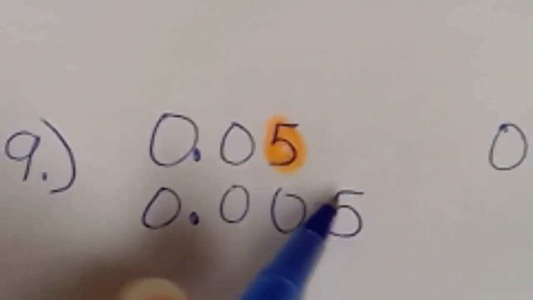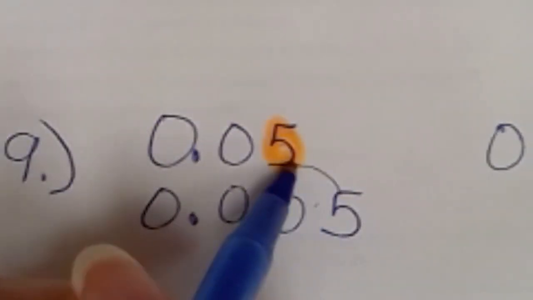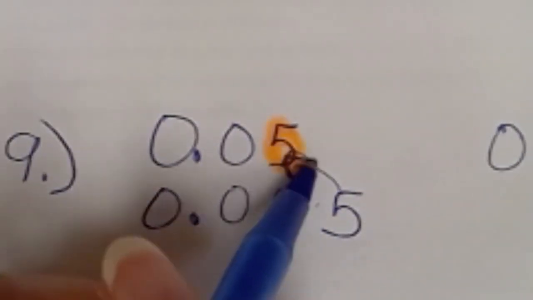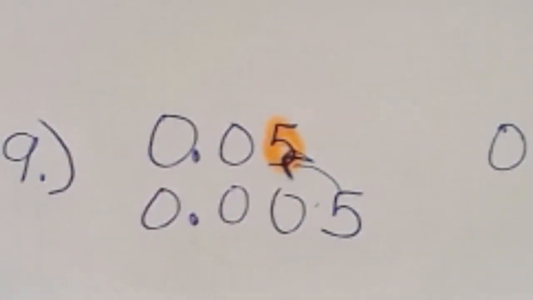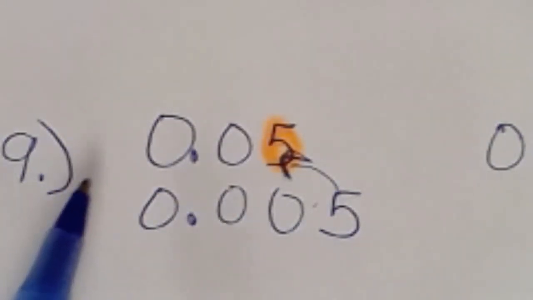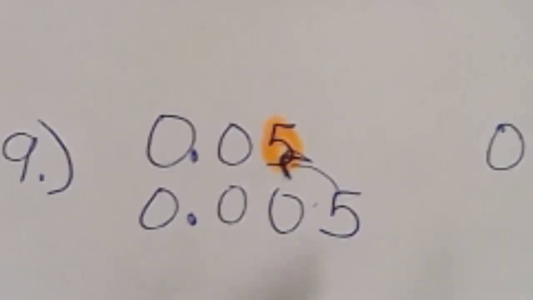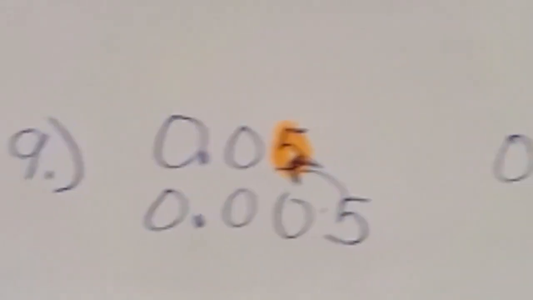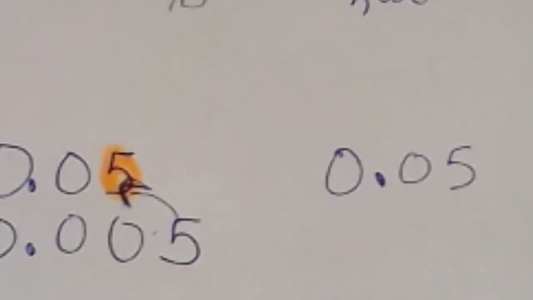Well, how many times did we move from this digit 5 to that digit 5? We moved once. Now, is that 1 times bigger? No, because every time we move on a place value chart, even though we move 1 time, every time we move is times 10. So it's 10 times bigger. And then how do you know that it's 10 times bigger? Because I moved 1 place to the left on the place value chart.